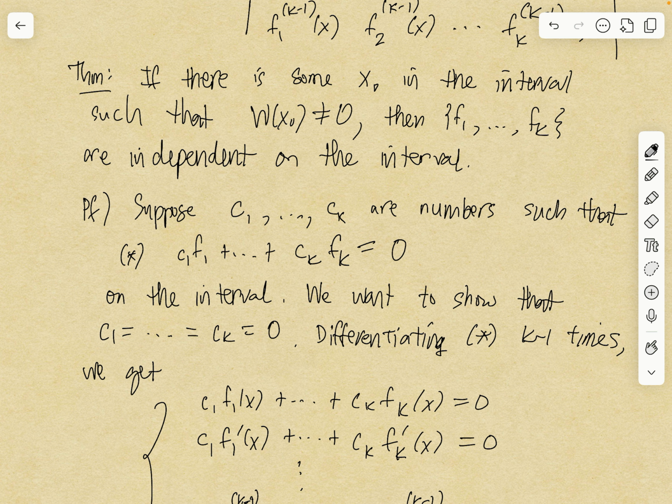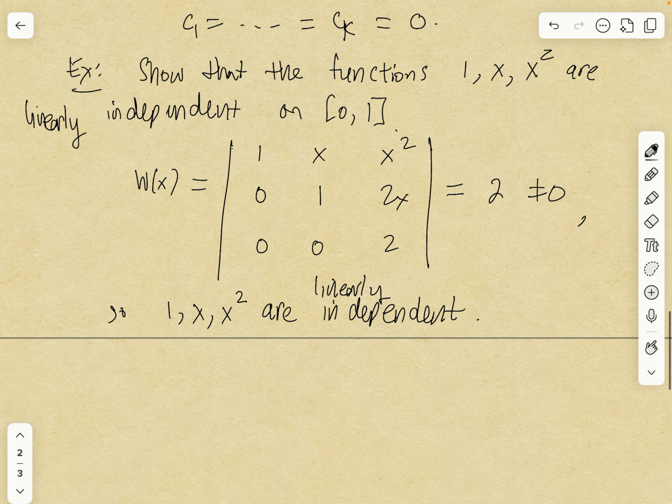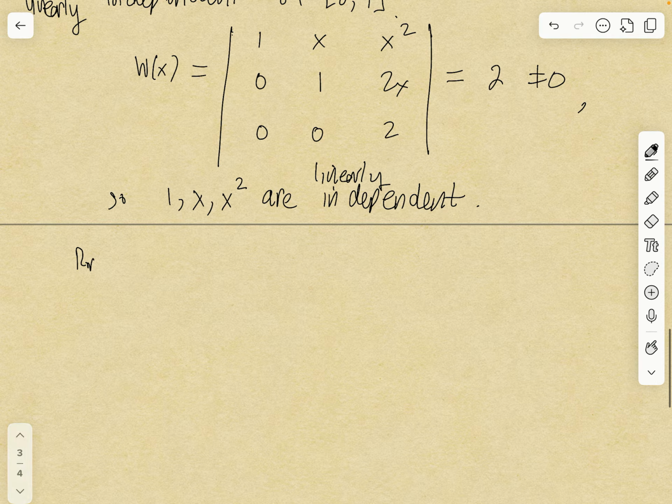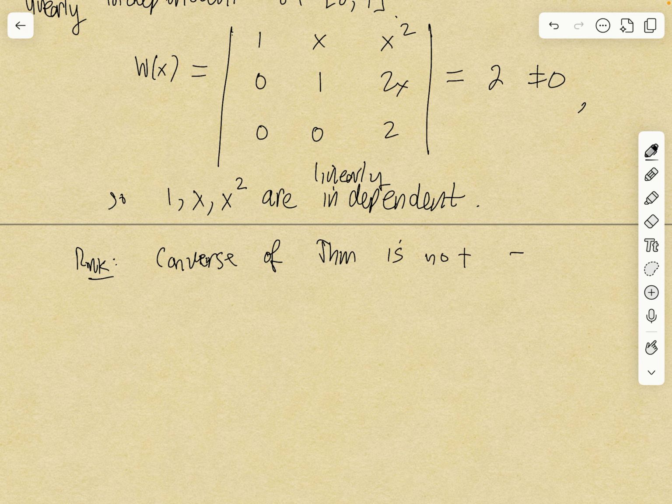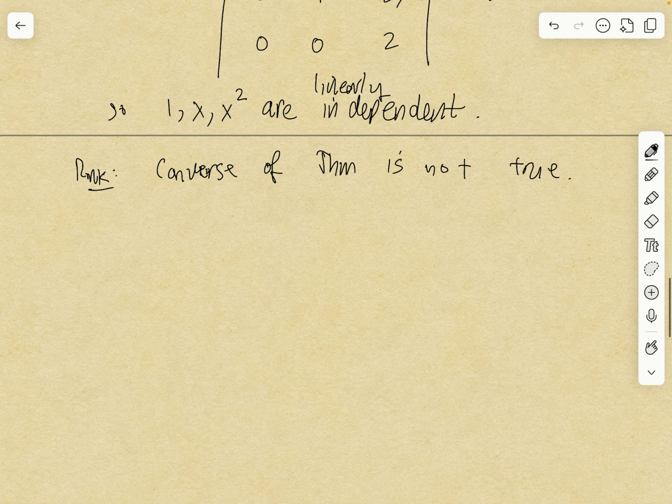You could have independent functions where the Wronskian is just 0. So a remark is that the converse of the theorem above is not true.